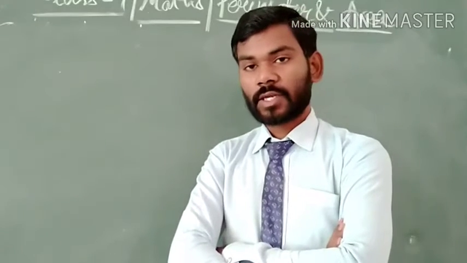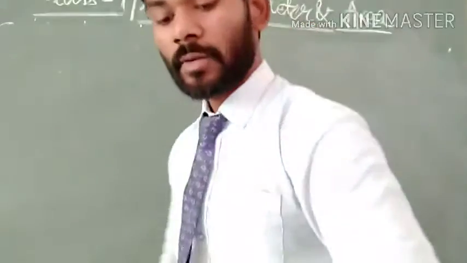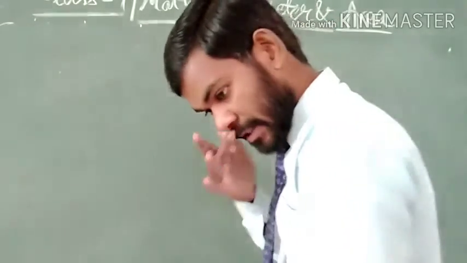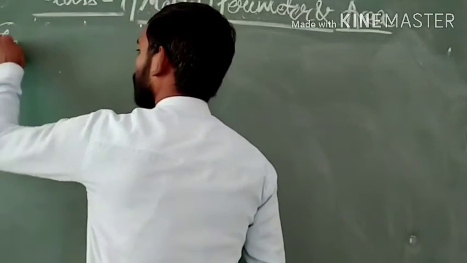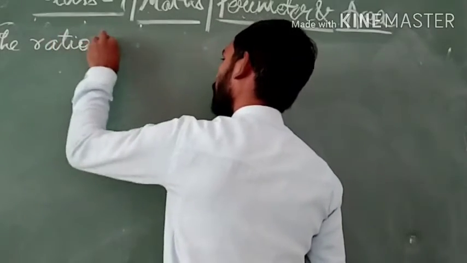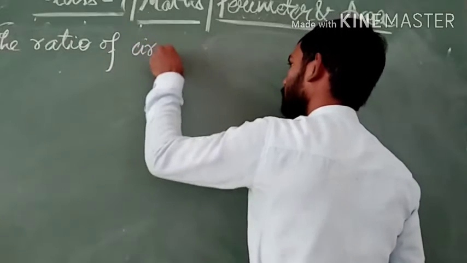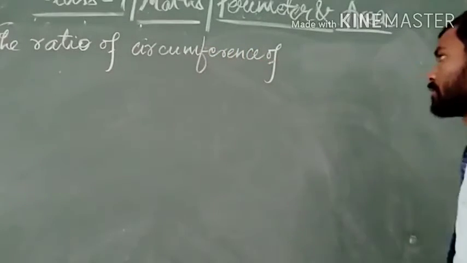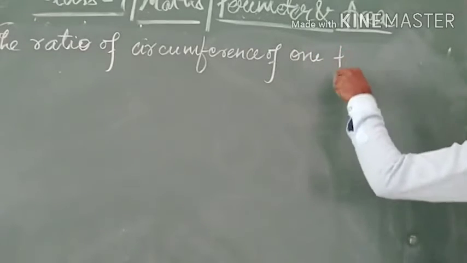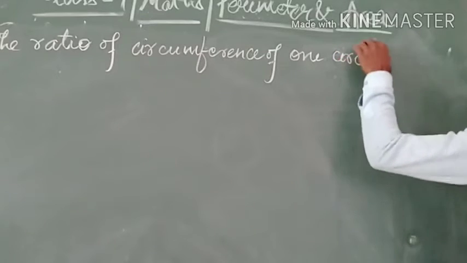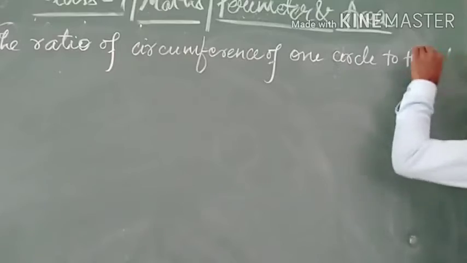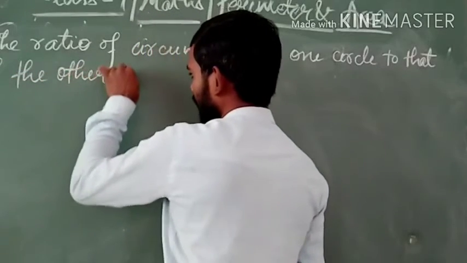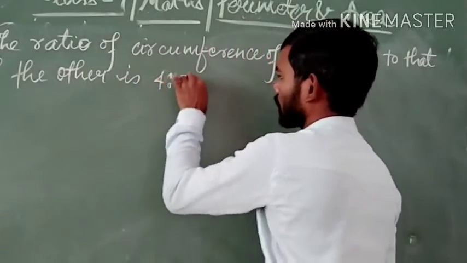So students, let's start today's topic, which is the perimeter of a circle. Our first question is: the ratio of the circumference of one circle to that of the other is 4 is to 3.